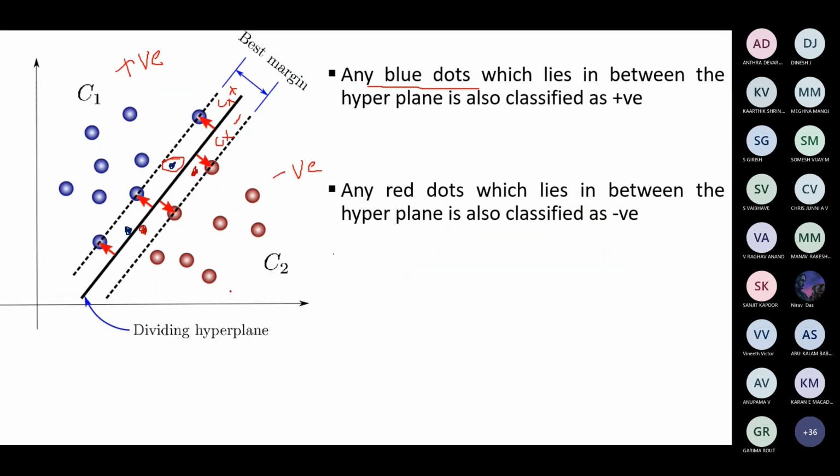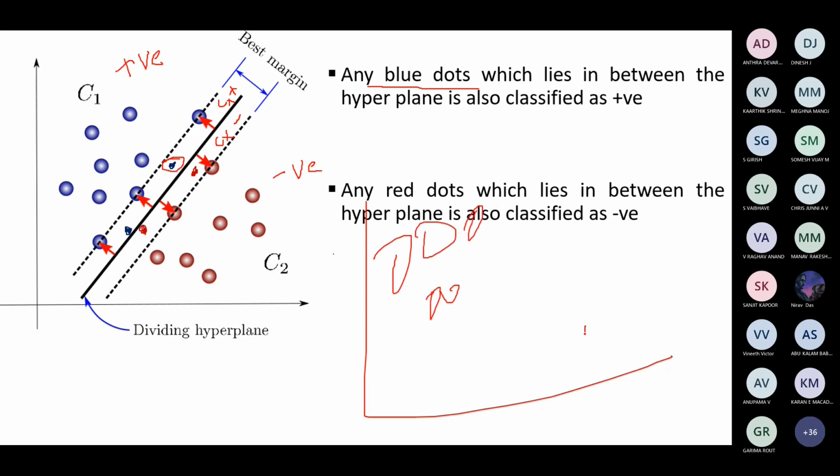Now students, as I told you, see here, these are the positive classes and these are the negative classes.